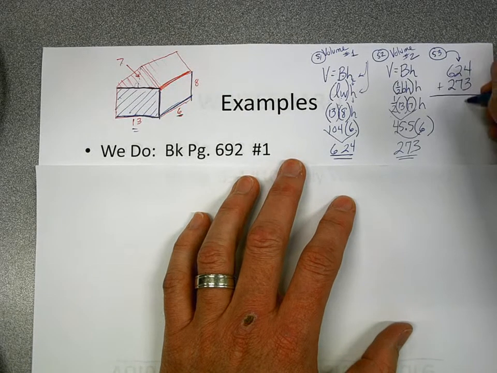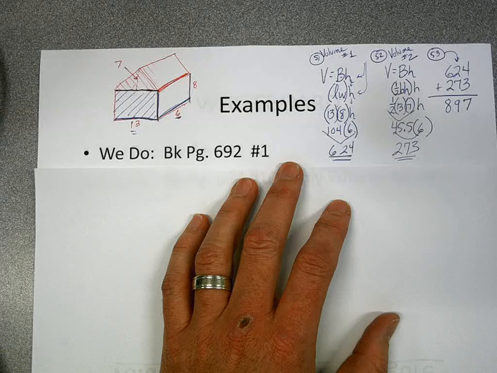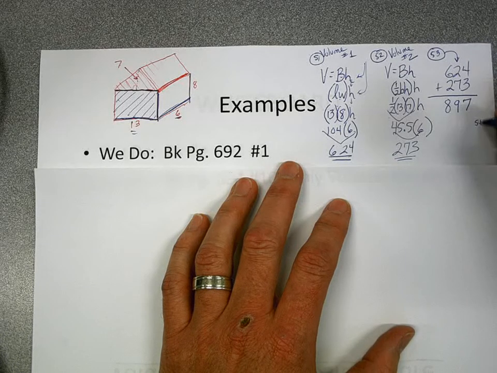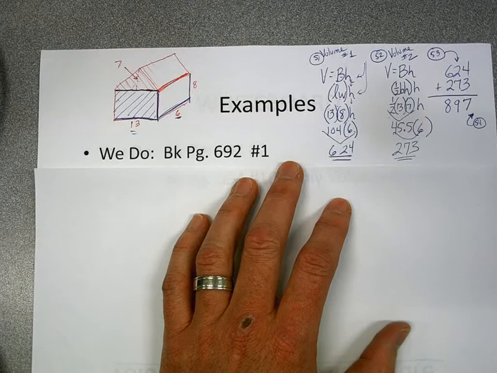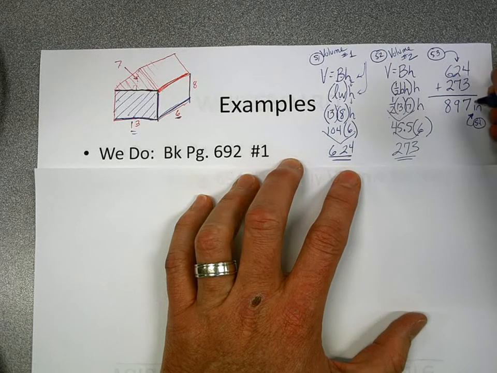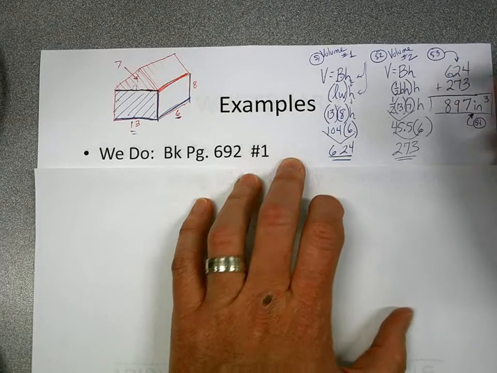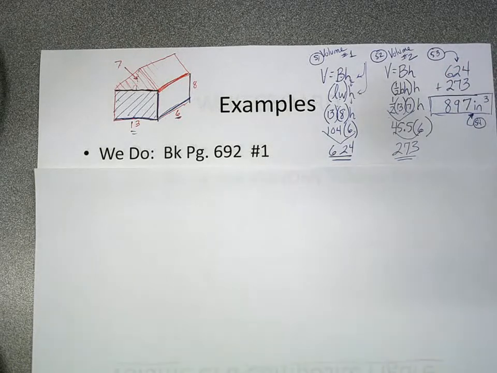Oh, that's 798. A little faster to do that than use a calculator. Now step 4 is a real step, but it's more of a reminder. That is, put your correct units on it. Remember we're in inches, and it's volume, so it's cubic inches that we're measuring this composite figure with. 897 cubic inches.